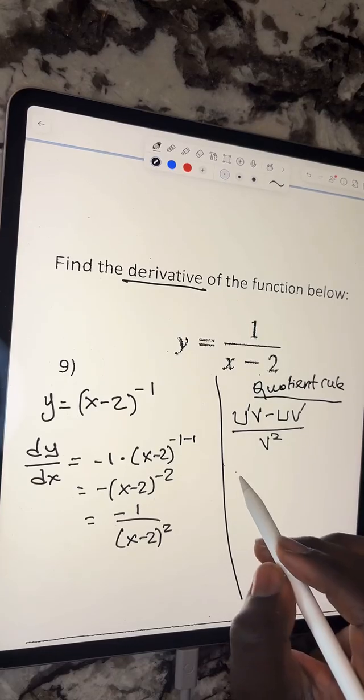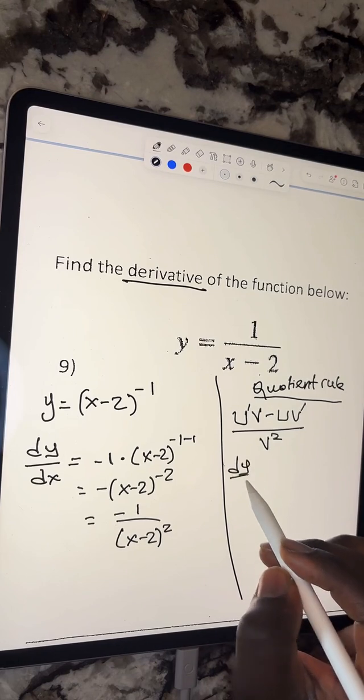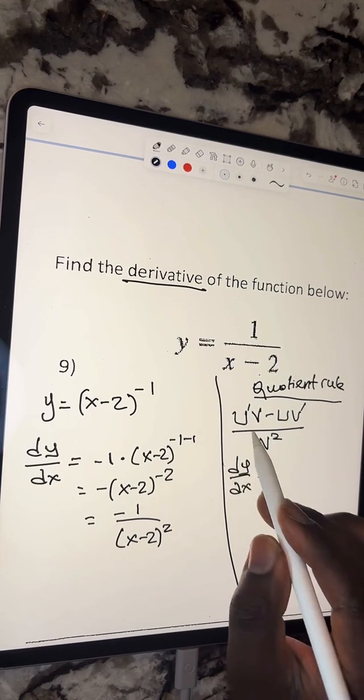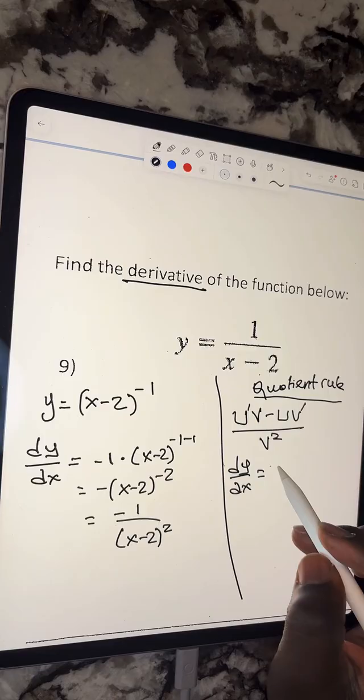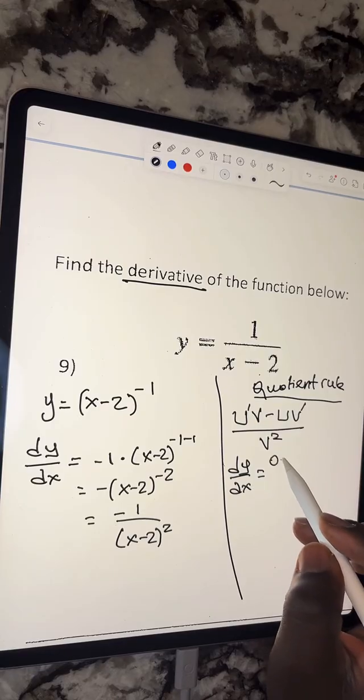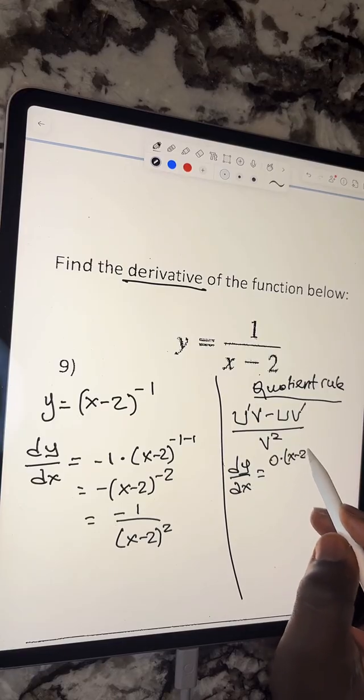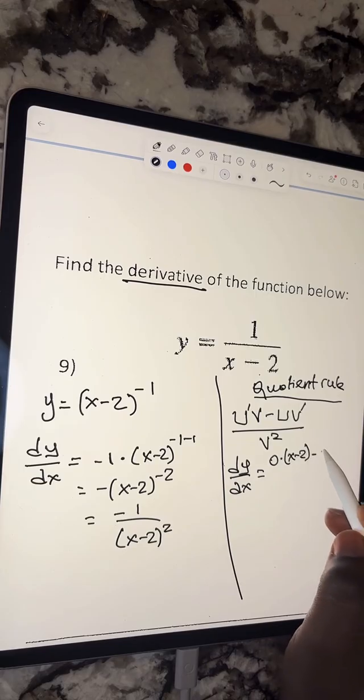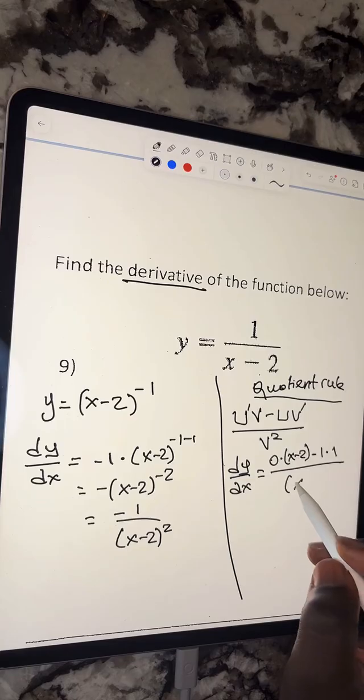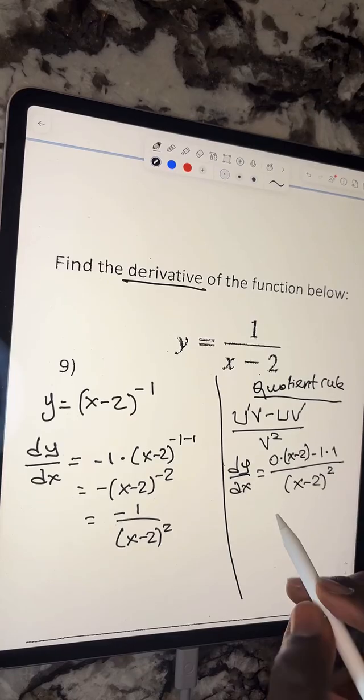So then dy over dx now becomes the derivative of 1, that's 0, so 0 times x minus 2 minus 1 times 1, over x minus 2 to the power of 2.